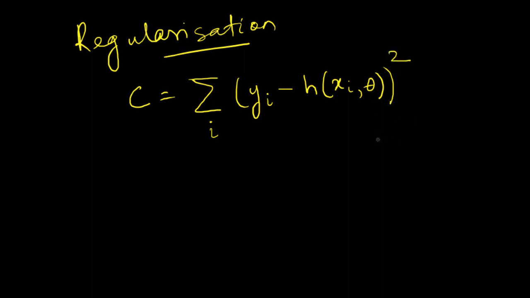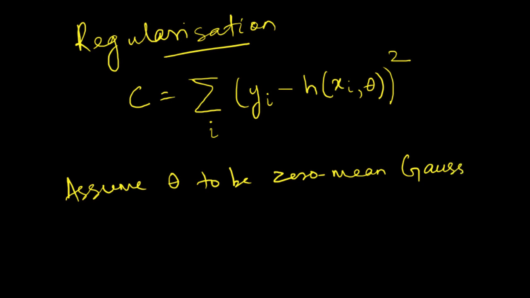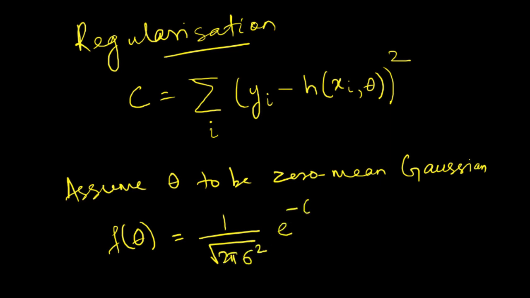Now what we usually do is assume the parameters θ to have a Gaussian distribution, which means that we assume θ to be zero mean Gaussian, so that f(θ), which is the distribution, will be 1/√(2πσ²) e^(−θ²/2σ²).